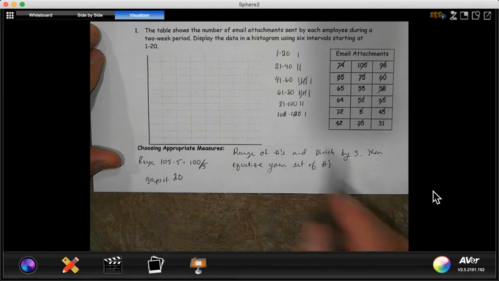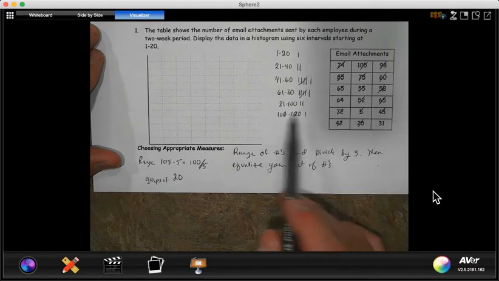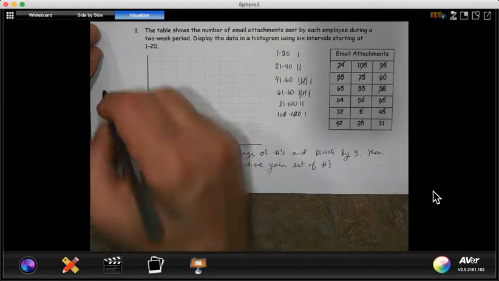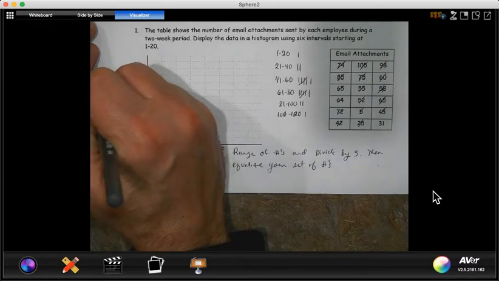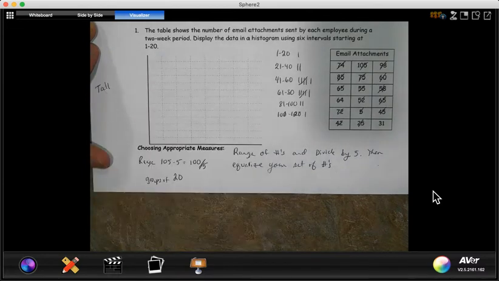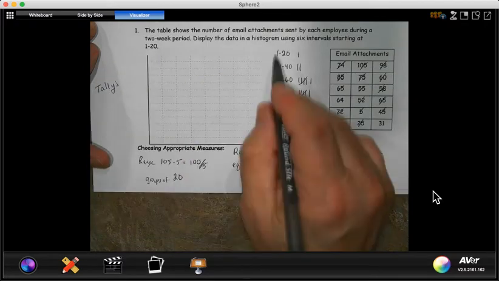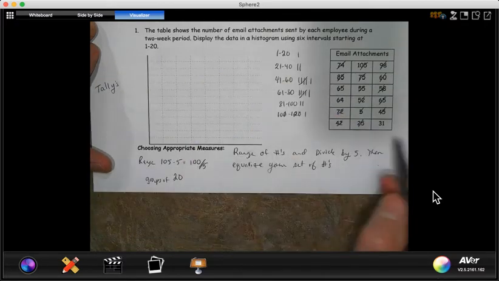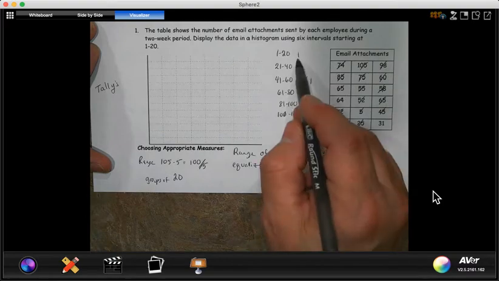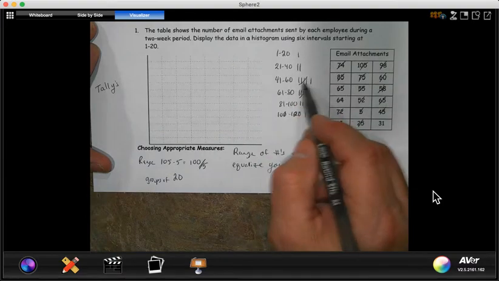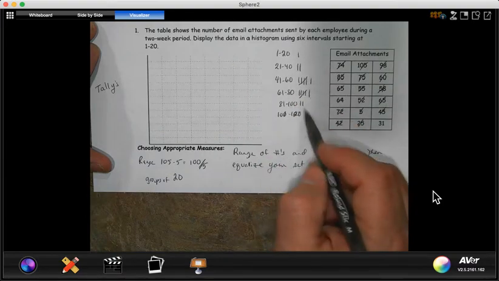And now when you do a histogram, you have the tallies on the left. So you're going to do the tallies on the left, and then your range along the bottom. Okay? So it looks like I've got 1, 2, 6, 6, 2, and 1.